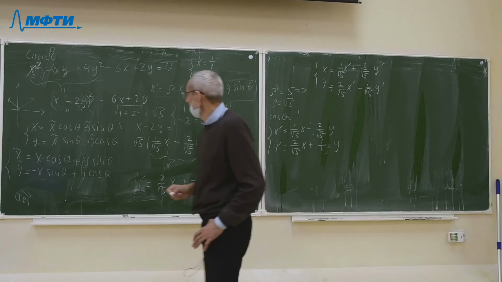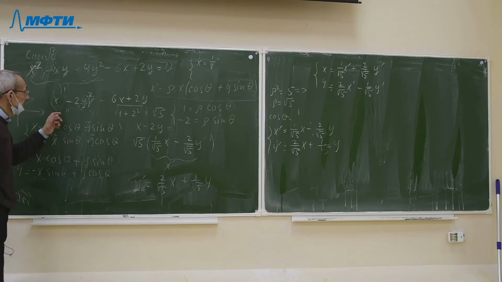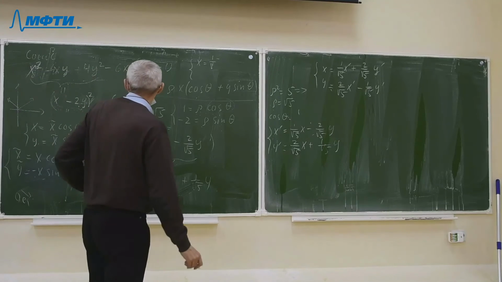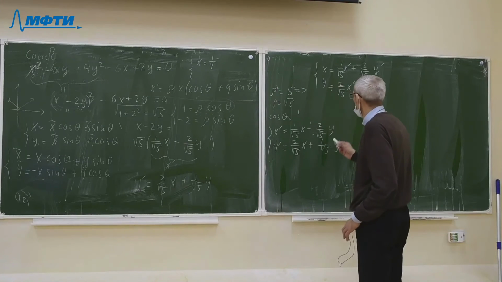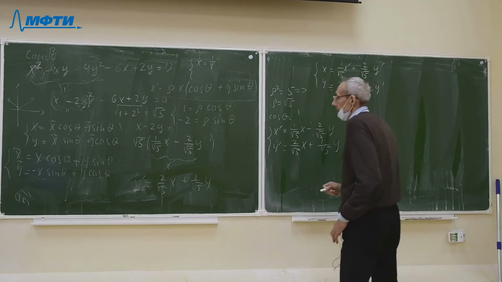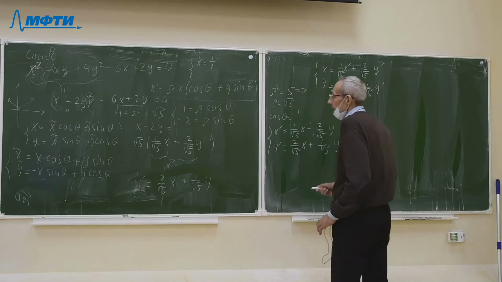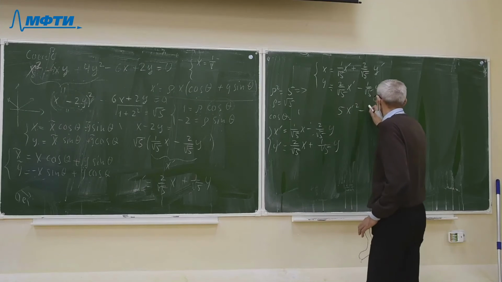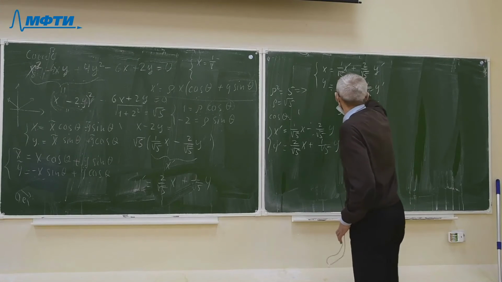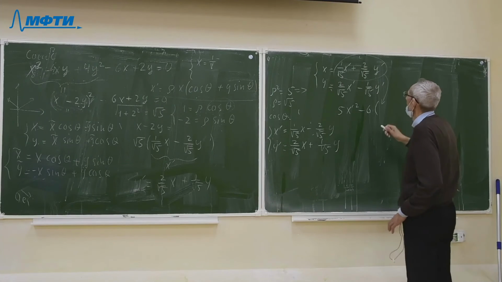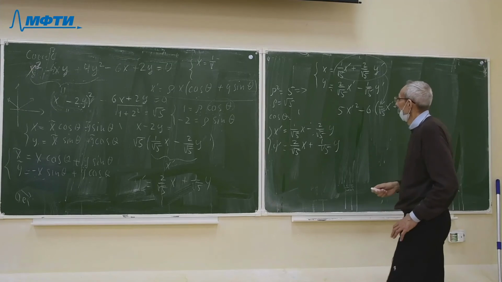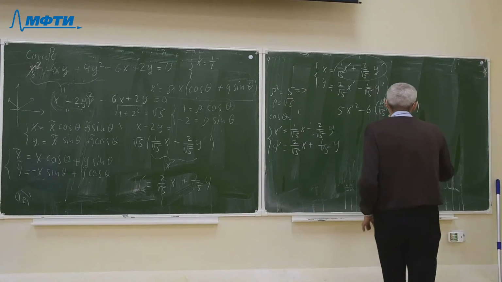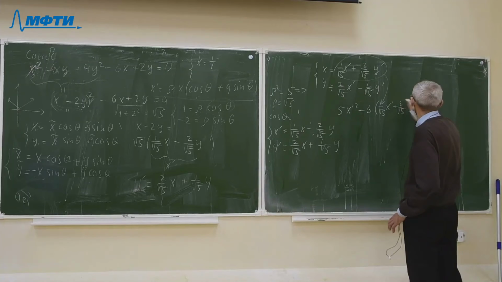We have two final formulas. After that, I substitute this expression in this formula and obtain the following expression: 5x prime squared minus 6x, where I substitute this formula, and plus 2 times y, where I substitute this formula.